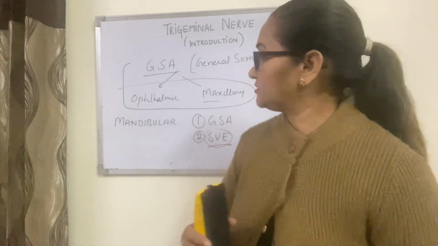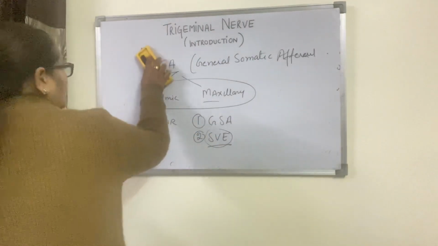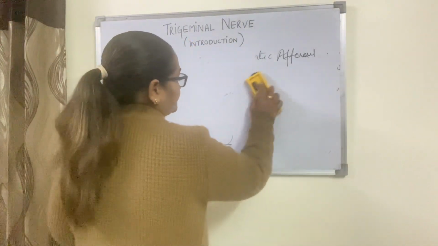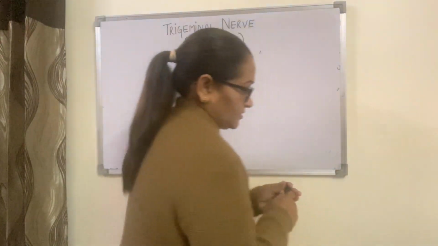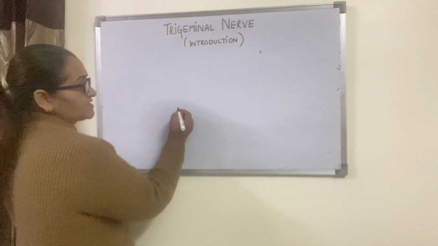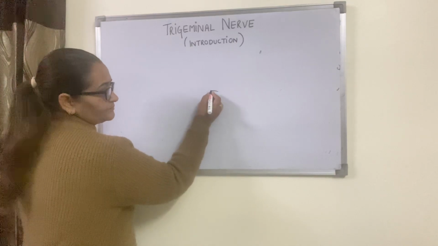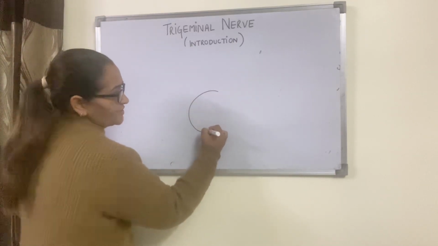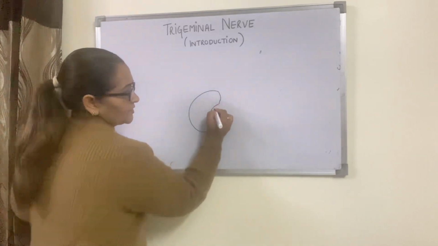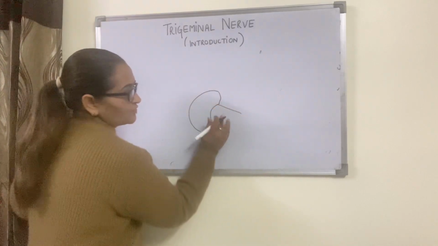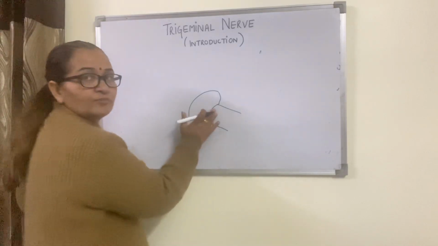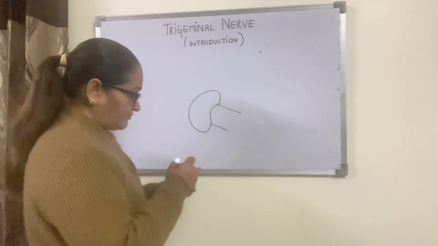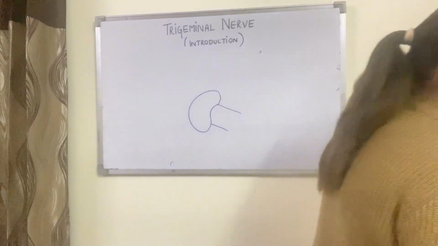So it emerges from the brain from that point, and after that this nerve is related with the sensory ganglion, which is crescent shaped. This is the sensory root with which it is attached to the brain, and the motor division is coming along with it.